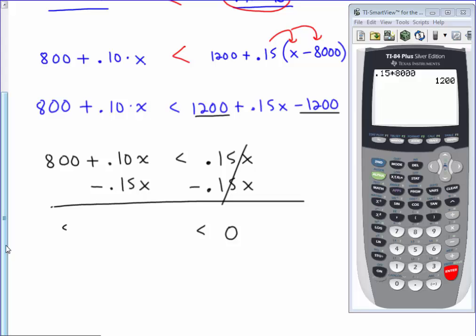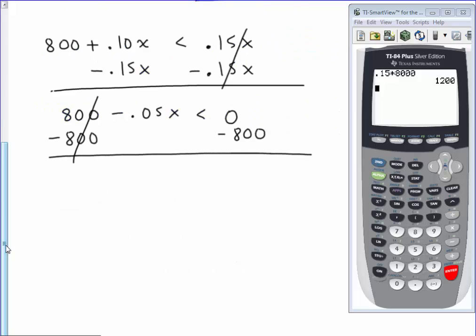On the left side, you'd have 800 minus 0.05x. Now subtract your 800. The 800s would cancel. We'd have negative 0.05x is less than negative 800.